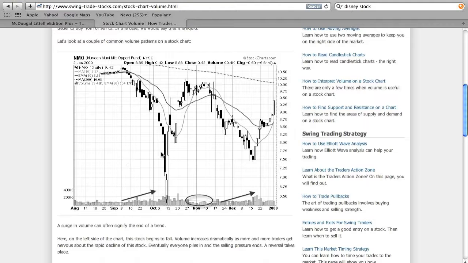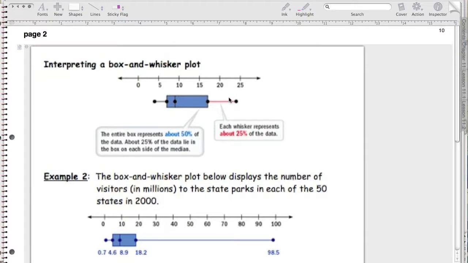So we do it horizontally because it's easier to think of it along a number line from least to greatest, but they're going to use stock markets a lot, and this represents the low point, the high point, what the stock closed at, its upper quartile, lower quartile, different points of the chart. So I have a few other ones of these that I'll show you in class as well. But that's just so you can see that there's some good solid application to this.